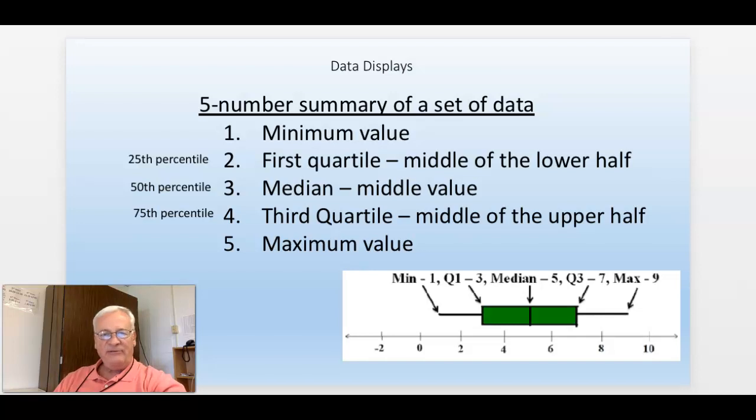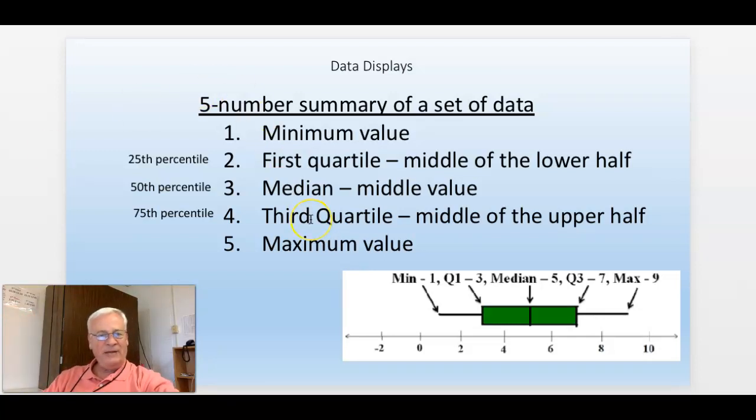All right, again, here's the 5-number summary. You're going to need to know this, okay, for the assessment. You get the minimum, the first quartile, that's the middle of the lower half. You get the median, the third quartile, and the maximum value. All right? The first quartile, sometimes they call this the 25th percentile, because 25% of the data values lie below it.